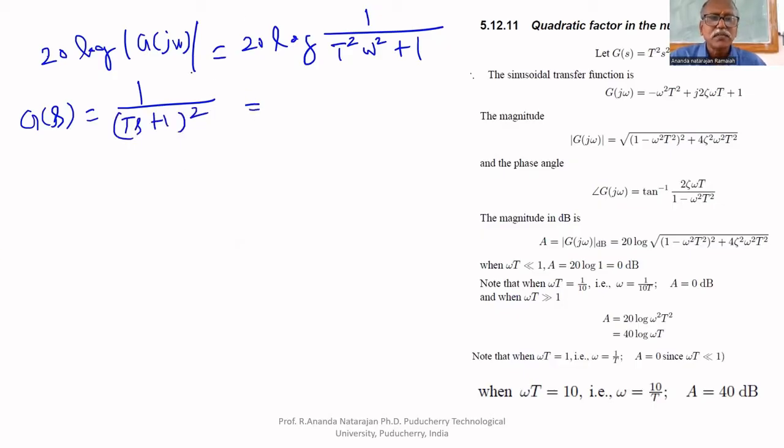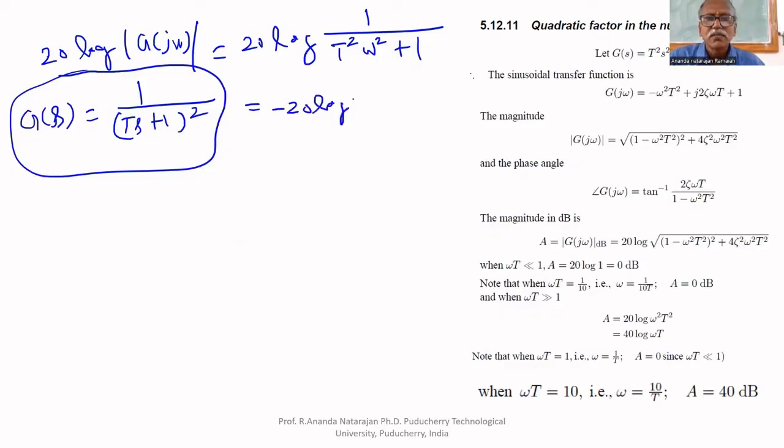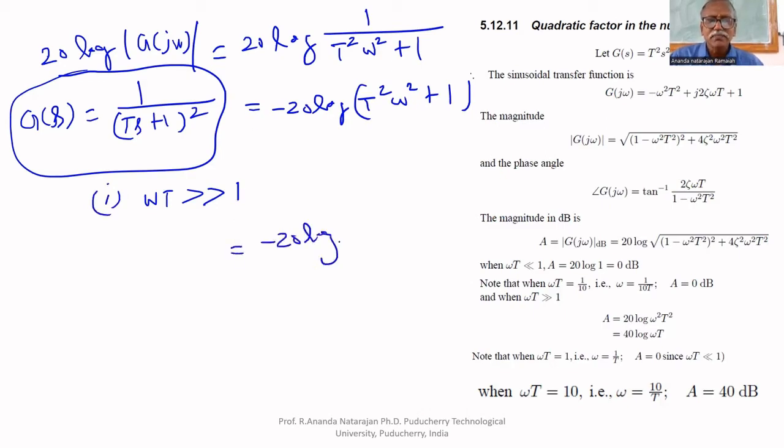This becomes minus 20 log t square omega square plus 1. When omega tau is far greater than 1, case 1, this is equal to minus 20 log t square omega square. That is equal to minus 40 log omega tau, if you bring that square here.